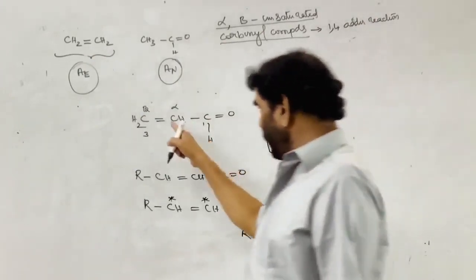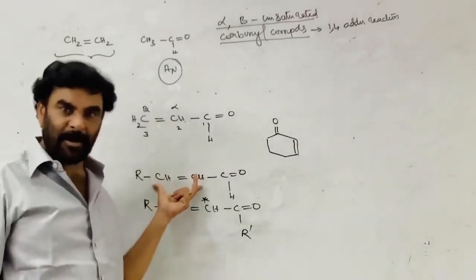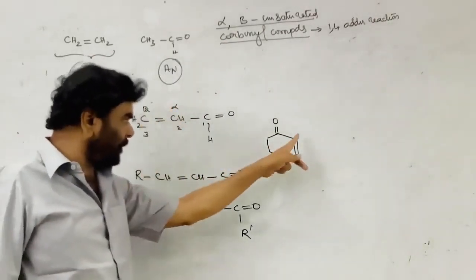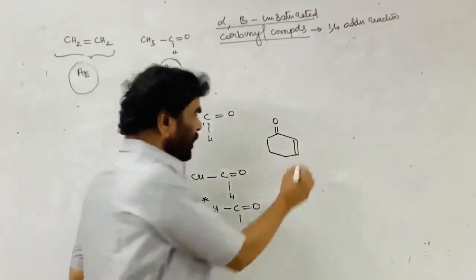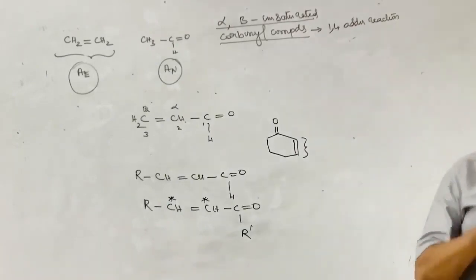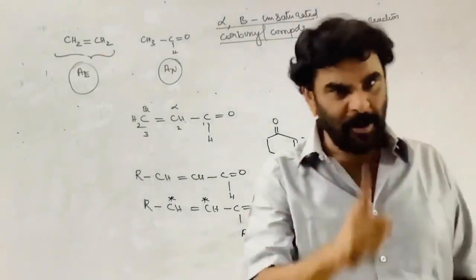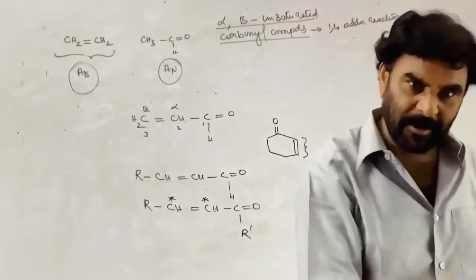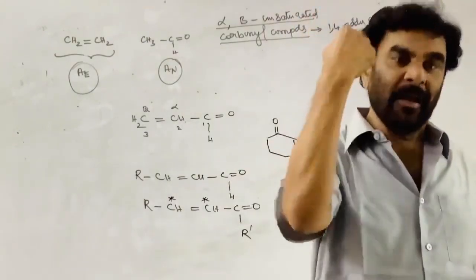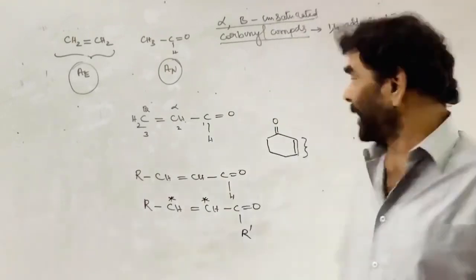Now here, this is not a simple carbon-carbon double bond. In all these compounds, this is a carbon-carbon double bond with an electron withdrawing group. See, carbon-carbon double bond, electrophilic addition, no doubt, but where the electron withdrawing group is attached, it takes part in nucleophilic addition.